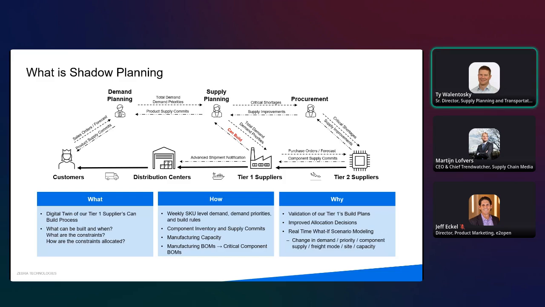That we're utilizing any constrained resource, whether it be components or capacity, in the way that best helps Zebra and its customers. So that's kind of number one, and we don't have true visibility to that today, because all of the, let's call it the sausage making of the can build, happens inside of our tier ones' four walls and systems.